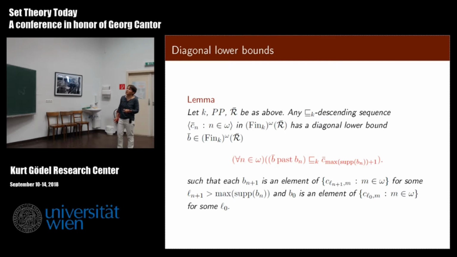Still a good lower bound would be a diagonal lower bound, where I know the mistakes, so it's an almost bound. In the almost ordering, finitely many bits might be wrong, and such a B is called a diagonal lower bound if for each block in B, the B after the block is stronger than the C that's indexed by the maximum of this block.